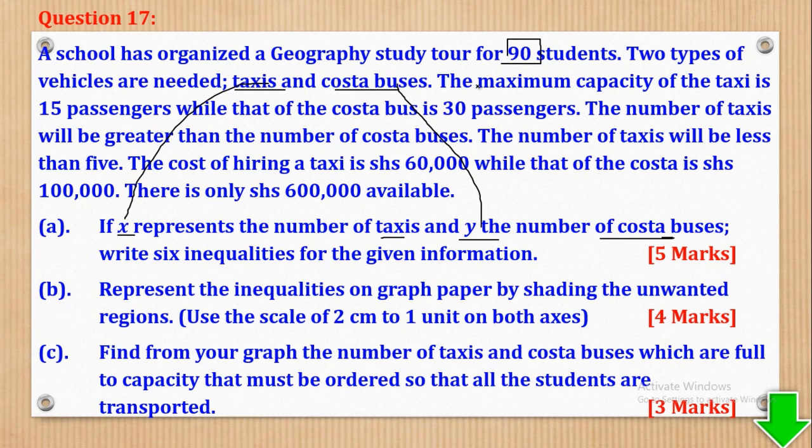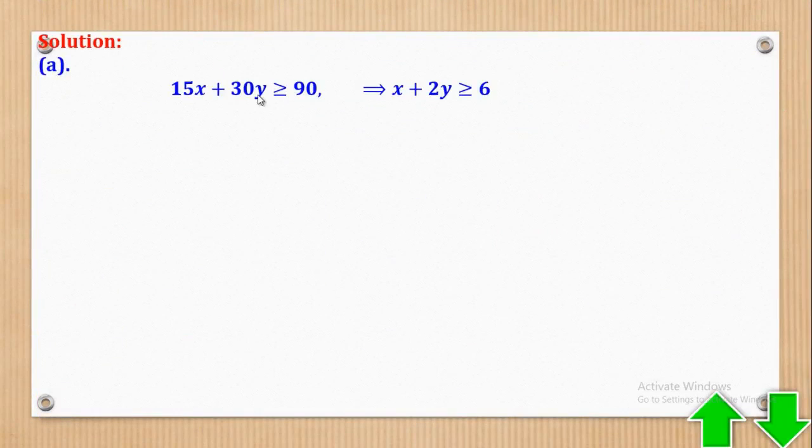The maximum capacity of a taxi is 15, so that is 15x. Then the maximum capacity of a coaster bus is 30, so that is 30y. And the students are 90 and all of them have to go, meaning that the minimum number of students that will be carried will be 90. Because it is minimum, it should be 90 or more. That is why there is that sign of greater than.